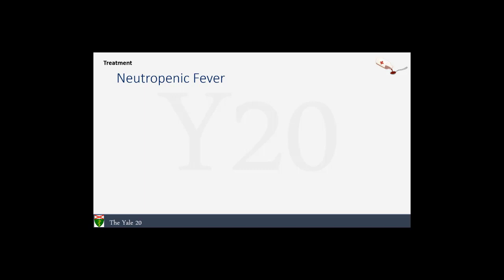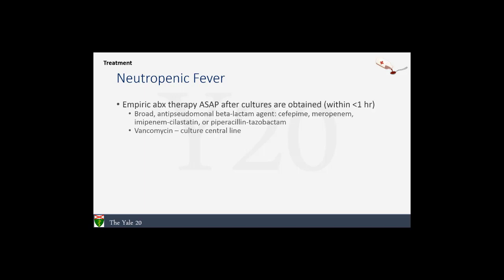So the treatment for neutropenic fever is, like all infections, give antibiotics. In particular, since these patients don't have an immune system, you really want to get antibiotics on as quickly as possible. So we give empiric antibiotics as soon as cultures are obtained, ideally within less than 1 hour.